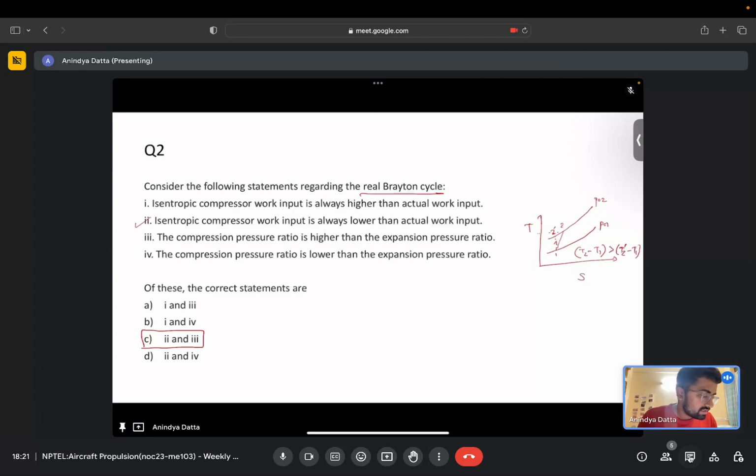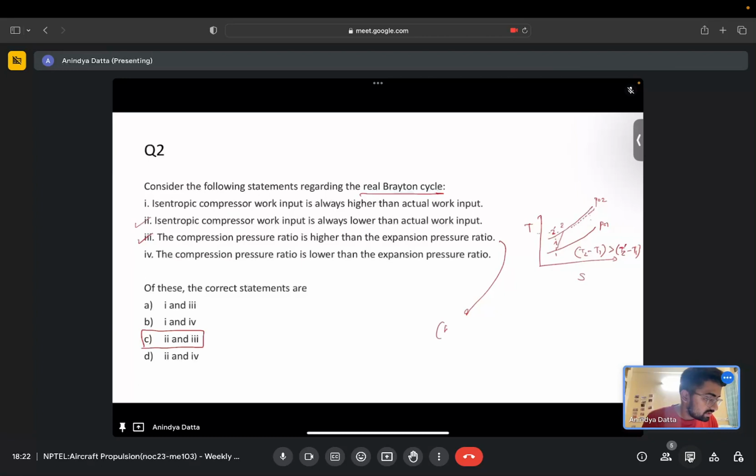And the second statement holds because there will be losses in the combustion chamber. Therefore, the actual pressure ratio across which the expansion process takes place in the turbine becomes lower than the compression pressure ratio. So the compression pressure ratio is higher than the expansion pressure ratio when we consider the real Brayton cycle.